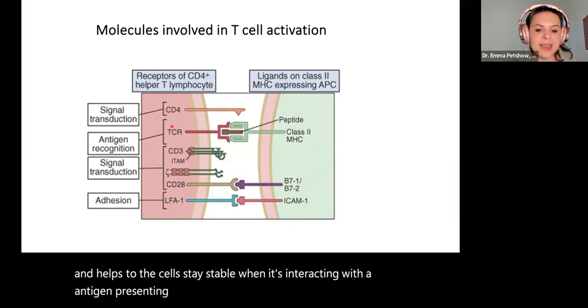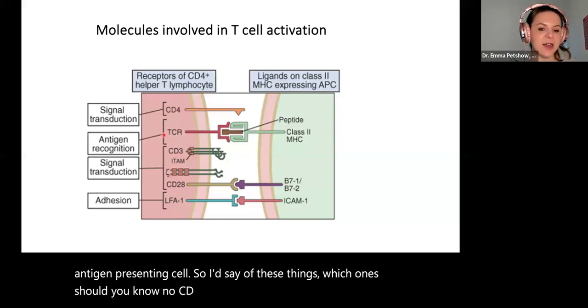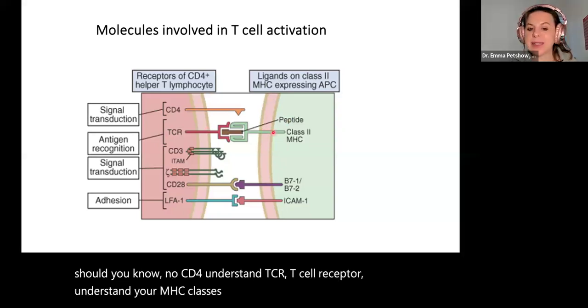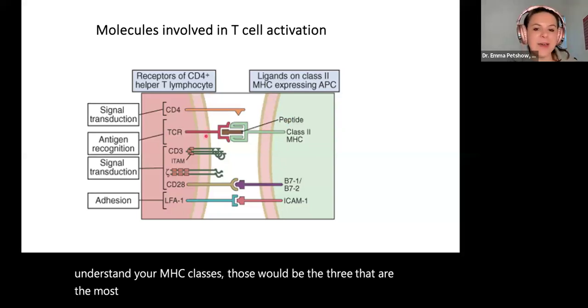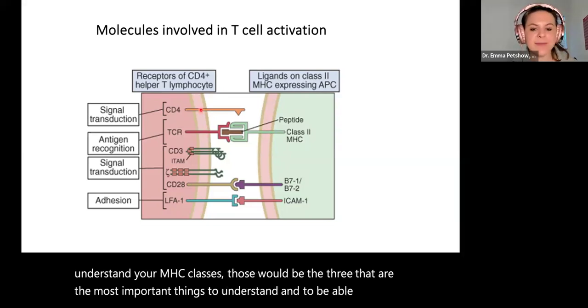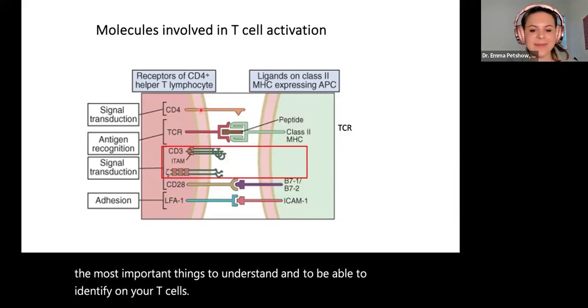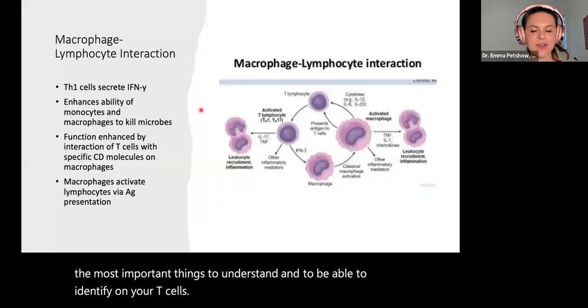So of these things, which ones should you know? Know CD4, understand TCR, T cell receptor, and understand your MHC classes. Those would be the three most important things to understand and to be able to identify on your T cells.